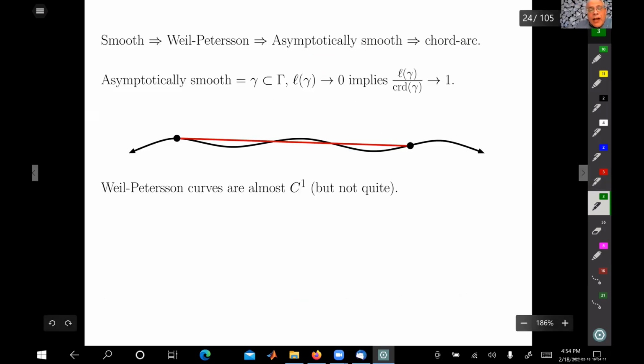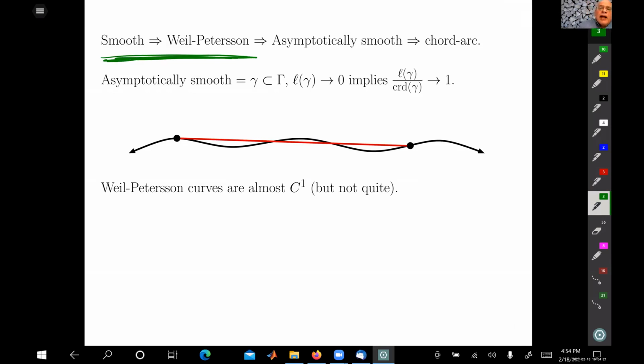Okay. Now let me show you a little bit about what Weil-Petersson curves look like. They're supposed to be the closure of the smooth curves. So every smooth curve is in here, plus a little bit of extra stuff. Not too much worse. Being Weil-Petersson, it turns out, implies something called asymptotically smooth.